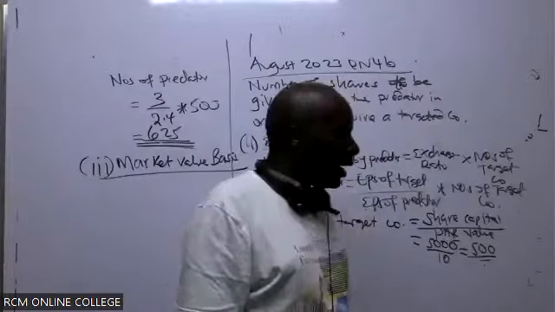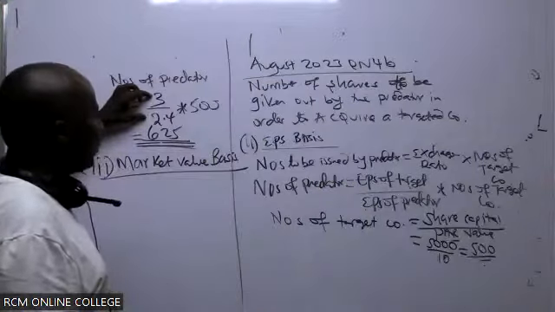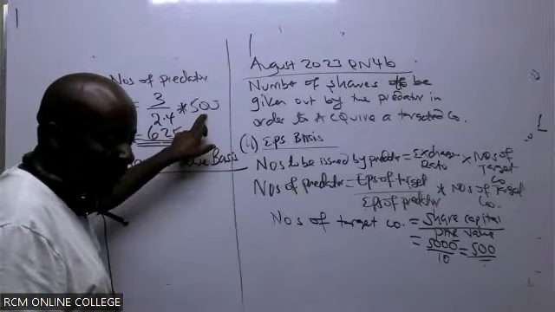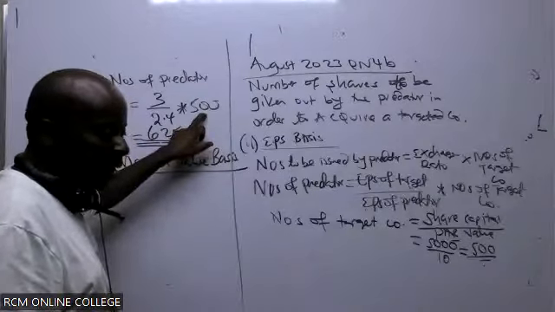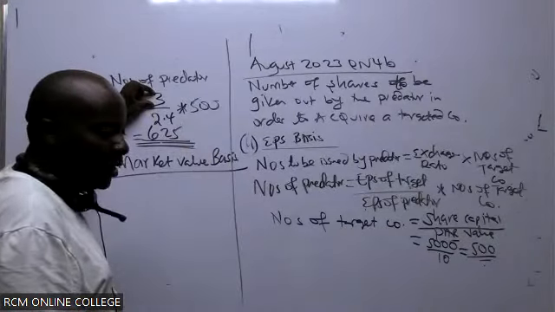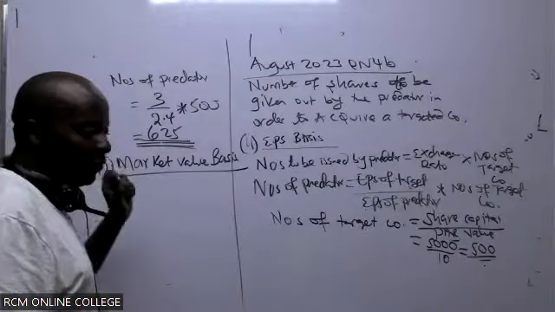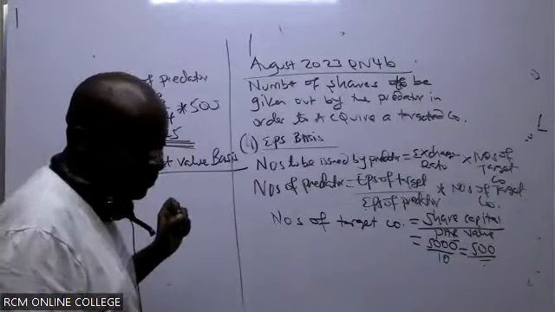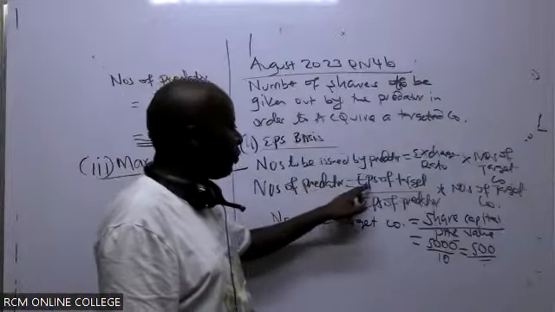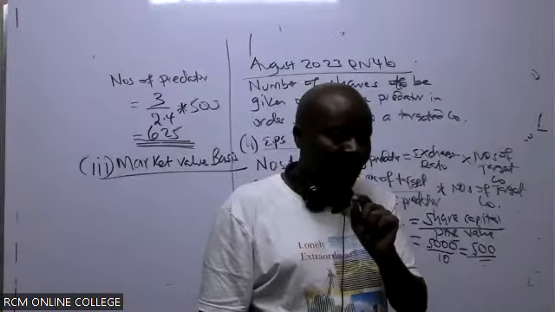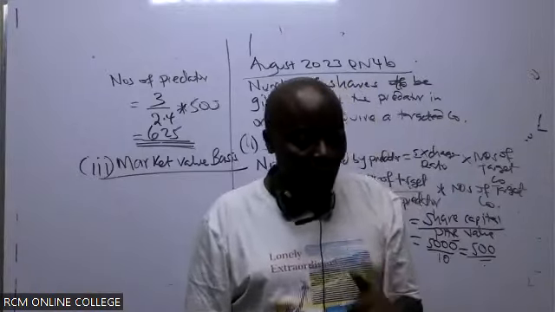How are you getting 625? Do you have these values? 3 over 2.4 times 500. Nancy, thank you for asking that question. I don't know whether you're able to see how we got these 3. If you have this 3 and you have this 2.4 times 500, you'll get this 625. This is the EPS of the target company, and Bero is the target company. If you look at the additional information, there is the second table.